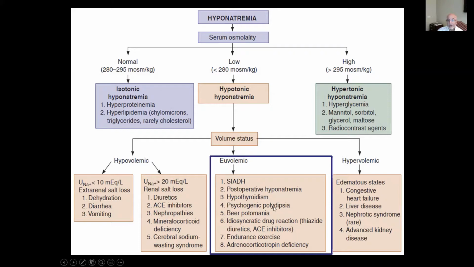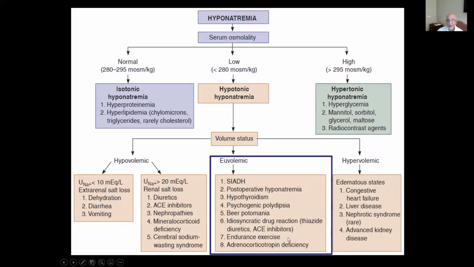In this situation, the urine osmolarity would be less than plasma osmolarity. Another common condition which we will review is beer potomania, because the patient is taking in a lot of water and alcohol actually increases ADH secretion and blocks water excretion. There can be idiosyncratic drug reaction, which essentially cause SIADH, which includes very commonly the thiazide diuretics and also ACE inhibitors.